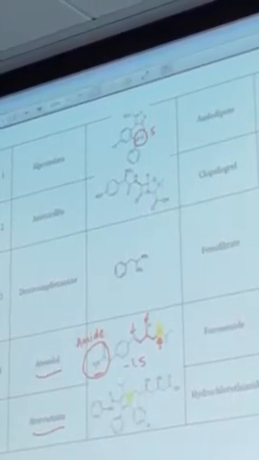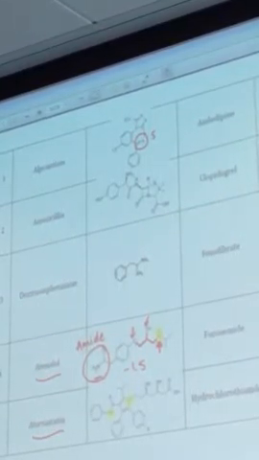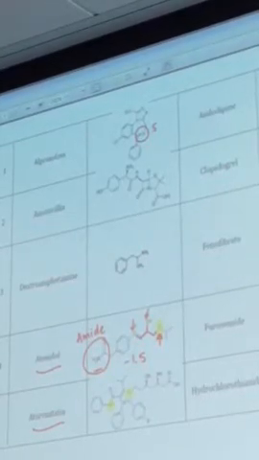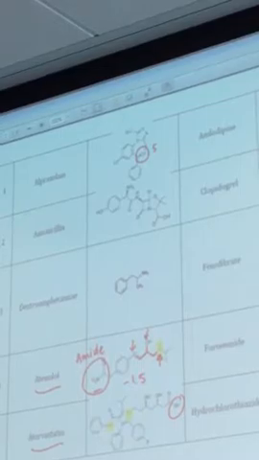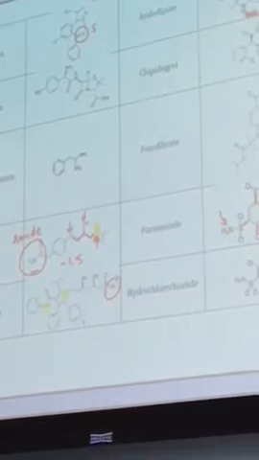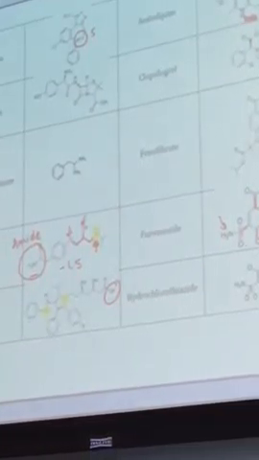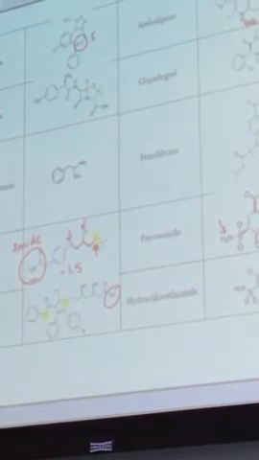We also have an amide, right? But that's not ionizable, right? So for this molecule, all we need to know is the carboxylic acid. Why we didn't account for the aromatic group?